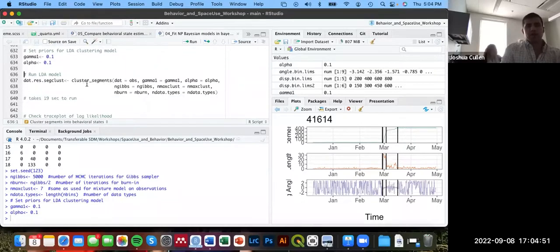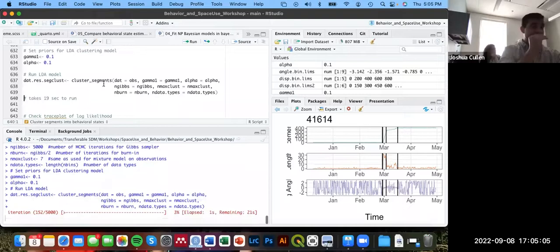And we're going to use the cluster_segments function in this case to cluster these segments together, as opposed to the cluster_obs function that was used to cluster individual observations together from M3. This takes 19 seconds to run roughly.